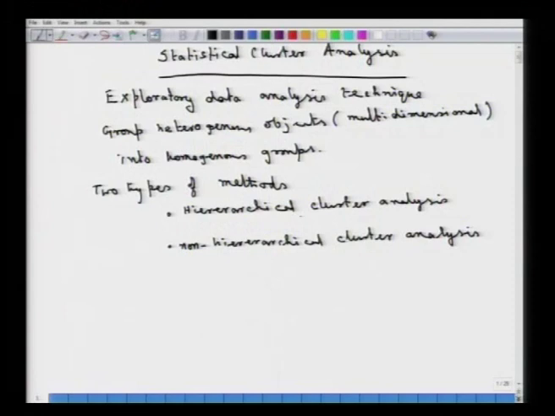However, in non-hierarchical cluster analysis, we do not have any hierarchy in the formation of the clusters. So, let us look at how these hierarchical clustering techniques can be performed, and how the non-hierarchical cluster analysis technique can be put forward. Now, let me give some definitions, then I will explain.